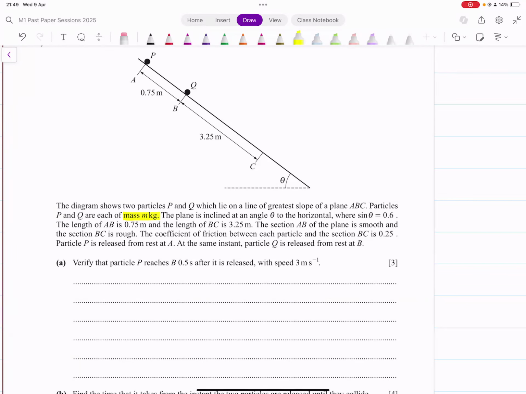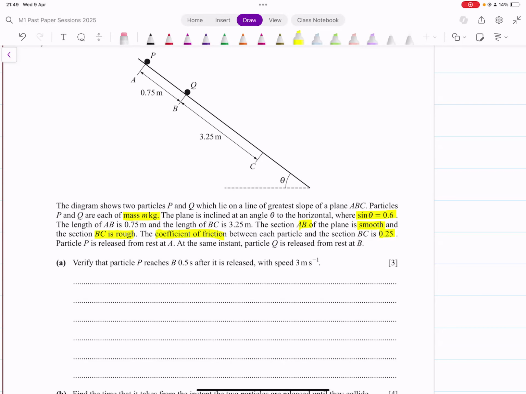We have their masses. The angle of inclination is given, sine theta is 0.6, and all of that is given. The AB part of this plane is smooth and BC is rough. The coefficient of friction is 0.25.